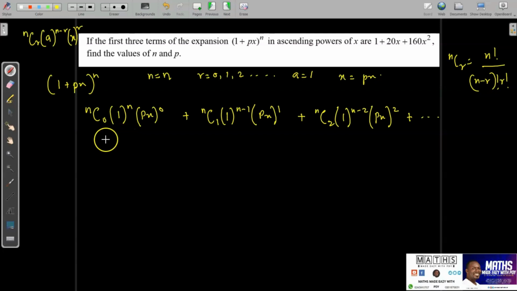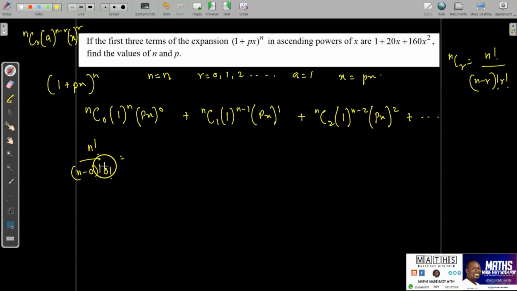That is going to give us n factorial over n minus 0 all factorial and then 0 factorial. Now, for the sake of time, let me do that quickly and then we'll quote the others fast.